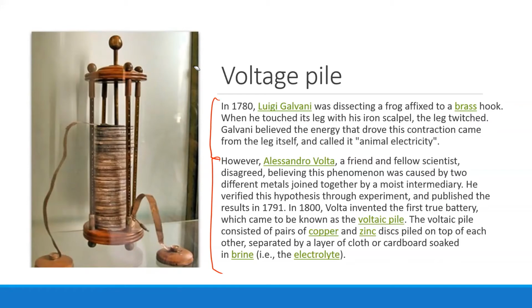Ultimately, where did electricity come from? Going back to a bit of a chat about our history, Luigi Galvani was a biologist and general scientist. In the 1780s, he was cutting up a frog, and he used a brass hook.